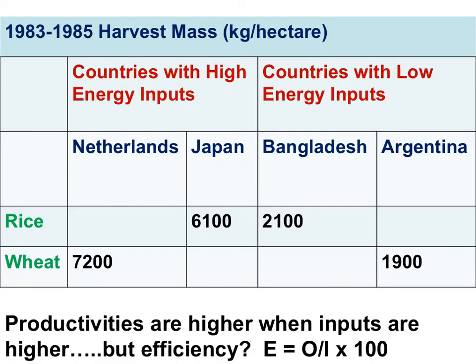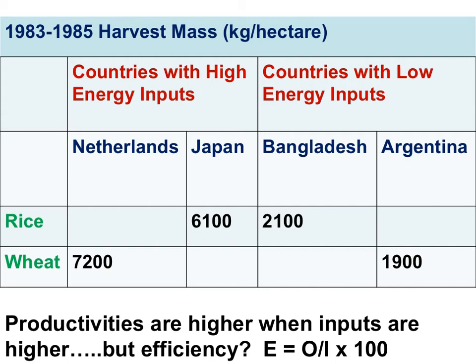Here is a table comparing the productivity, kilograms per area per time, of agricultural systems, some using high energy inputs and others with low energy inputs. Now, with respect to rice, Japan productivity is far higher per hectare than in Bangladesh, and the Netherlands produces far more wheat than Argentina.